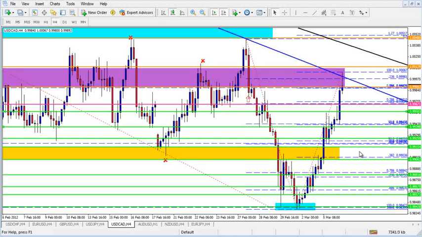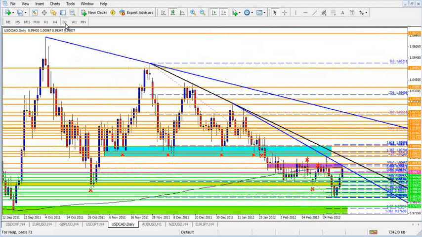The 236 fib of this trend range sits down here at 98.80. Beyond that, you go all the way back down to the low, because if the downtrend is going to continue, what's your next targeted spot within that trend? Well, you're expecting to see a new low, because the trend has lower highs and lower lows.